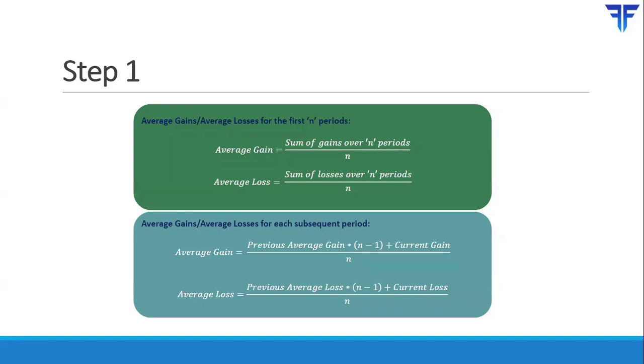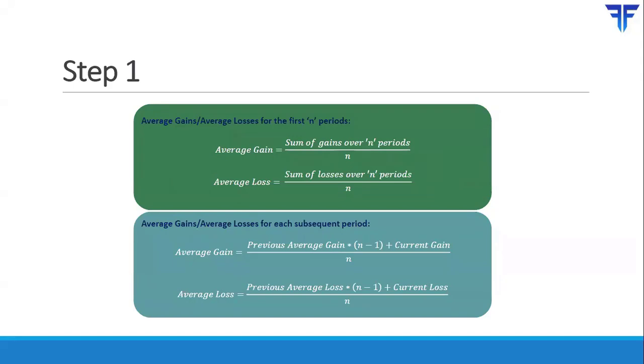So you get the simple average, the first average gain. In a similar fashion, the first average loss that you calculate will be the total of losses over the past 14 days divided by 14. So that's the first average loss that you have computed.